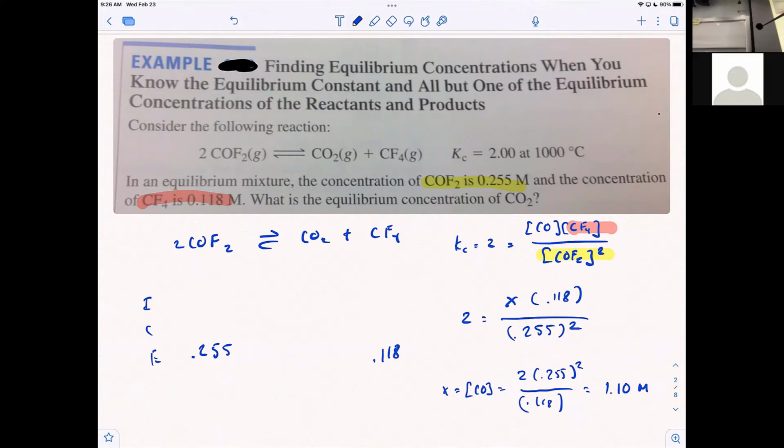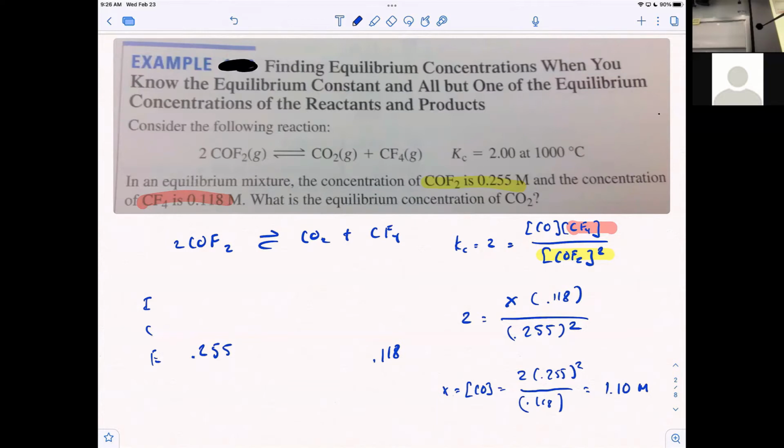So here's another type of problem, and I told you how wonderful the ICE chart is, but sometimes you don't need it. If you're just so used to writing an ICE chart, you can go ahead and do it, but be careful with that. All you need though is the equilibrium constant expression, right? Products over reactants raised to their powers.